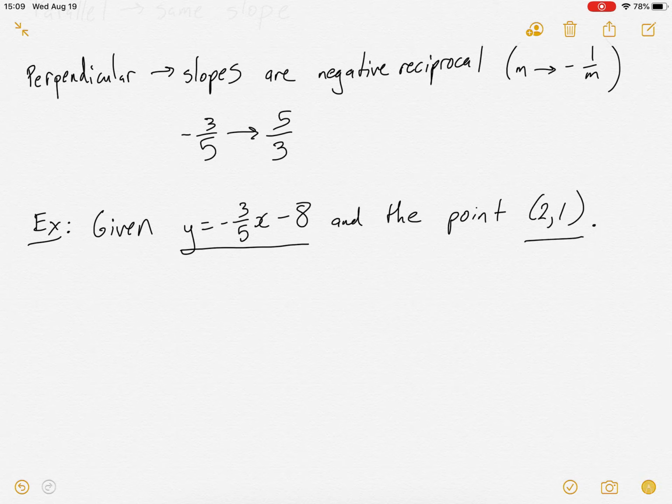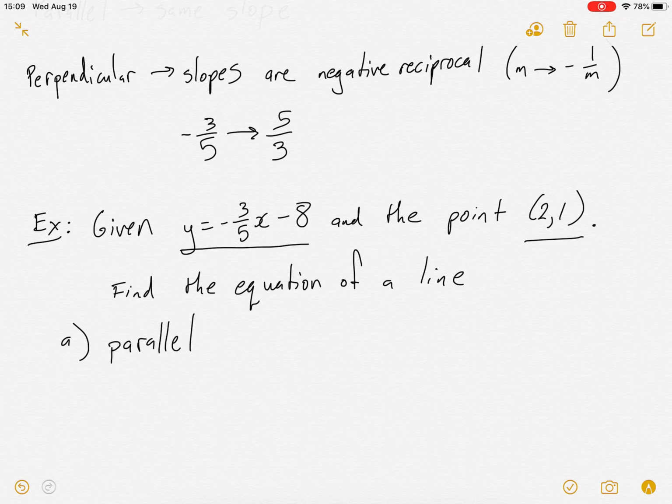I would like you to find the equation of a line, first of all, parallel to this here and going through the point right here.